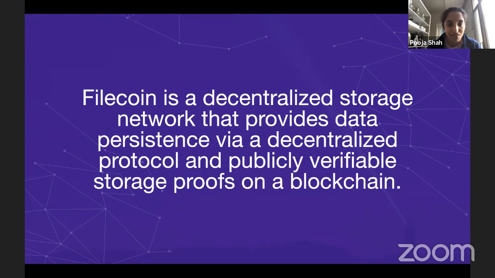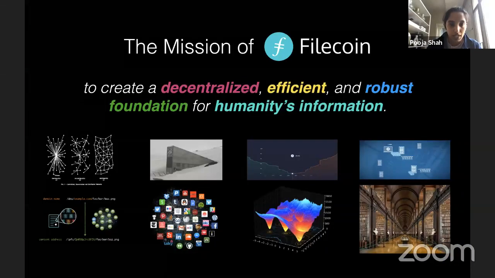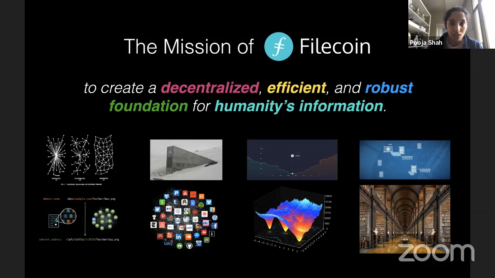We can dive into any of them that you'd like later on, but Filecoin was really built to accomplish this mission, which is to create a decentralized, efficient, and robust foundation for humanity's information. We really believe that the way that Filecoin has been built, the fundamental protocol, can be this foundation to store all of the valuable data that exists in the world today.